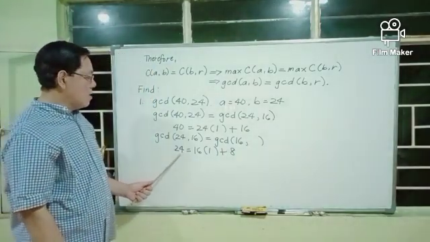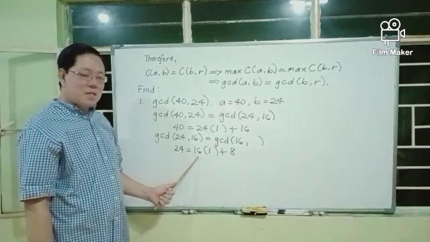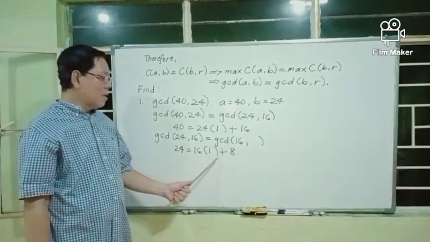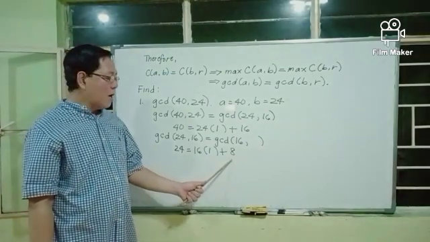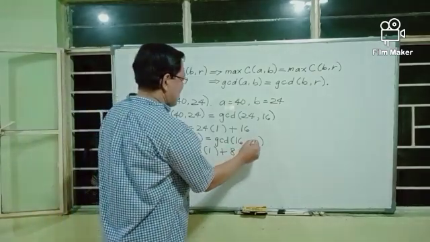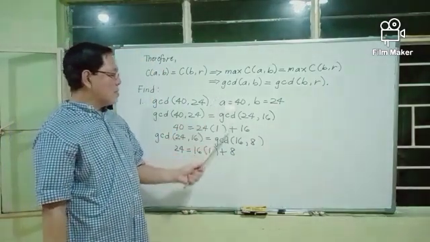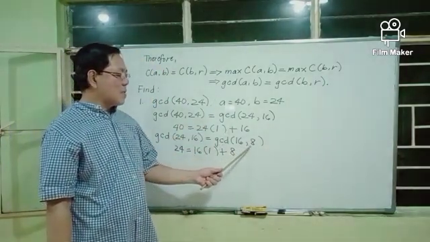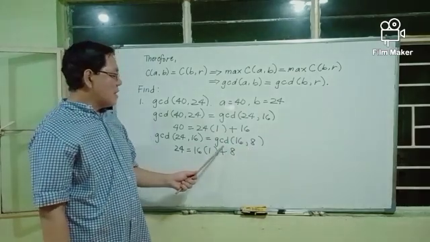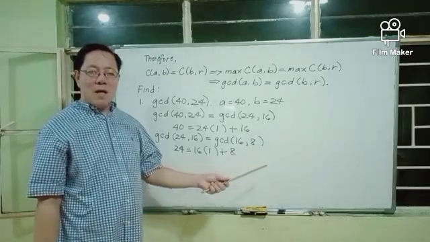Now this is of the form A, 24, equals B, 16, times Q, Q is 1, plus R. Therefore, R is equal to 8. Again, we apply these findings to the greatest common divisor of 16 and 8. We find the greatest common divisor of 8 and a remainder R.